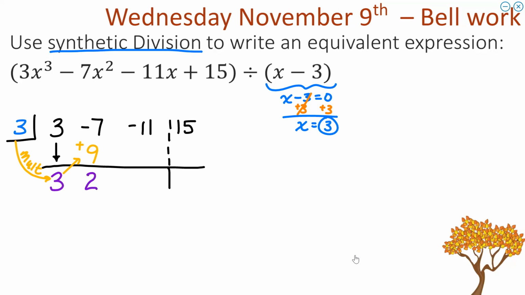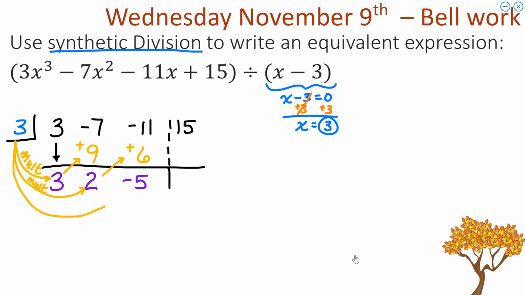And then what do I do with that +2? I multiply again. 3 times 2? +6. And I put that underneath the next number and we add those together. What is -11 plus 6? -5. Do I need to do anything else?